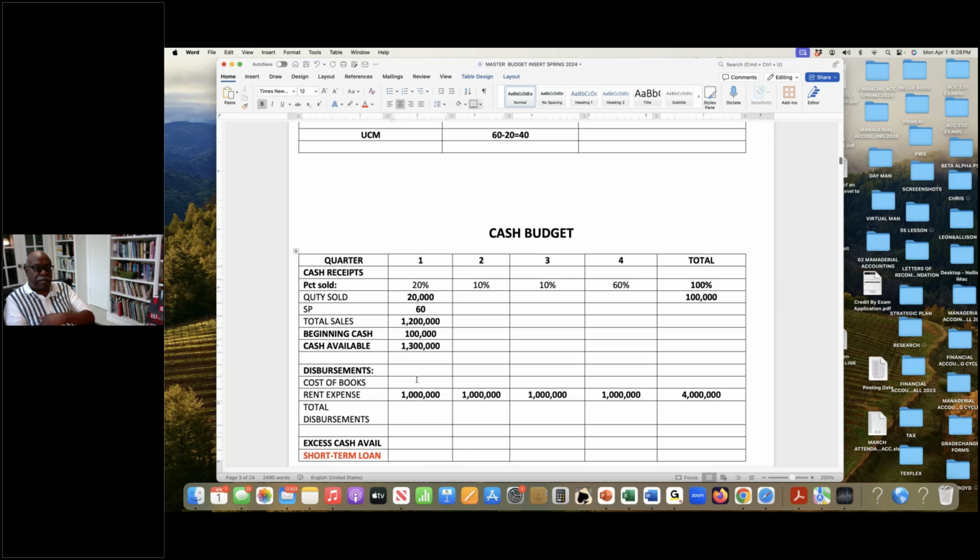Now we have to buy the books. We're paying cash for them. So how many books do we have to buy? We're selling 20,000, and the cost of the books is $20 each. So that's going to be 400,000.